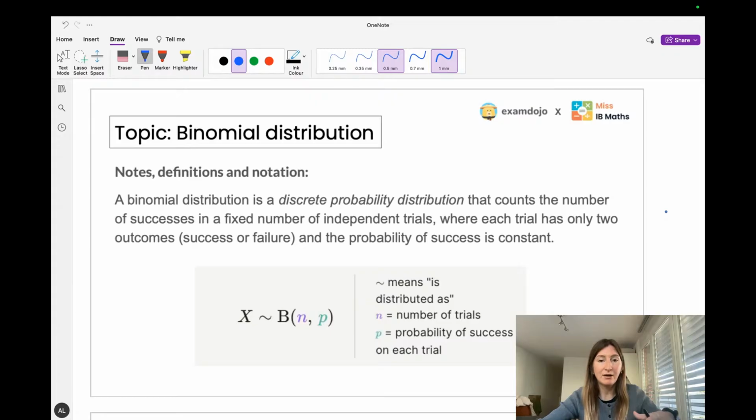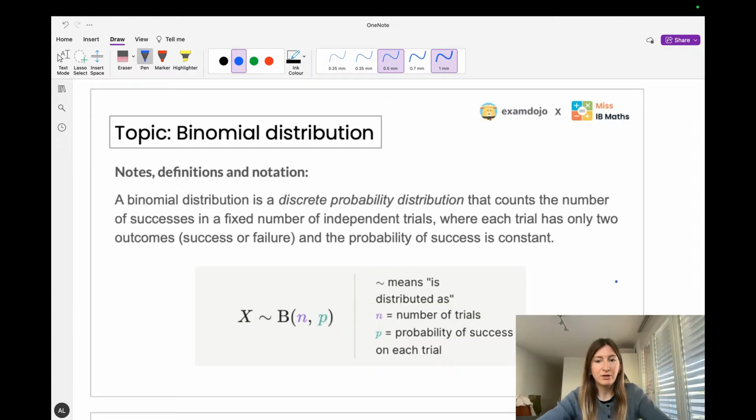So if we have a bag of beads, say we have red, blue, black, green, we're not interested in all four of those colors. We're going to pick one color, so red in this example, and if it was red, that's success. If it was any other color, i.e. not red, then that is failure. That is how we're going to define a binomial distribution.